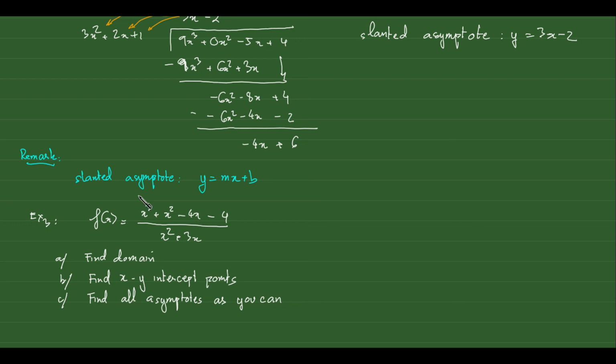Alright, so let's see how we're gonna do this. First of all, let's find the domain. In order to find the domain, we have to look at the denominator, which here is x squared plus 3x. We set x squared plus 3x different from 0, because it's a denominator.